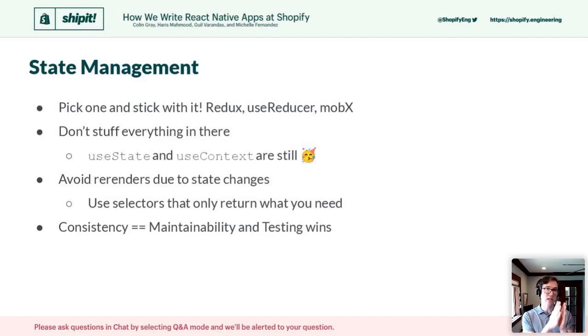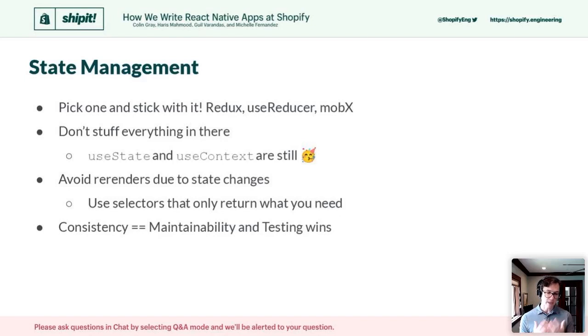So you want your selectors to return very specific data, and then in your components, you want to use those very specific selectors. If you fetch high up in that state graph, if you just say, give me everything related to users, then any user change will, of course, result in a re-render. It sounds obvious, but this is one that we had to fix over and over again. So do be careful there.